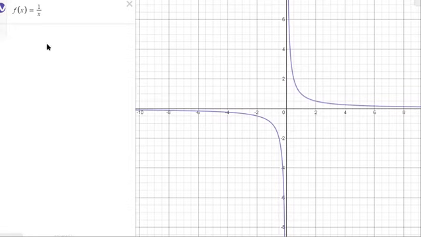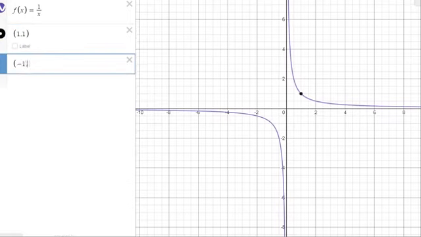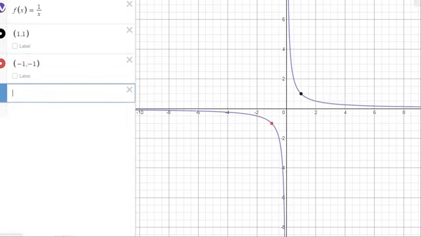Okay? So what are some points that we can graph for this function? You're going to have a point at 1, 1. You're also going to have a point at -1, -1 for starters. You're going to have a point at 2, 1/2.